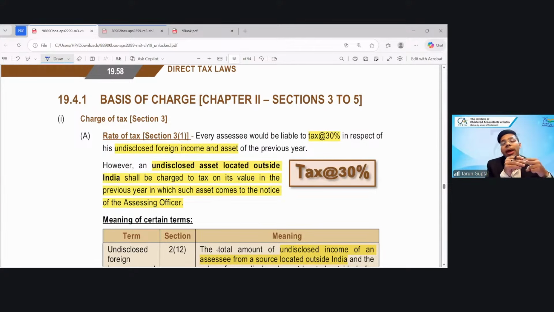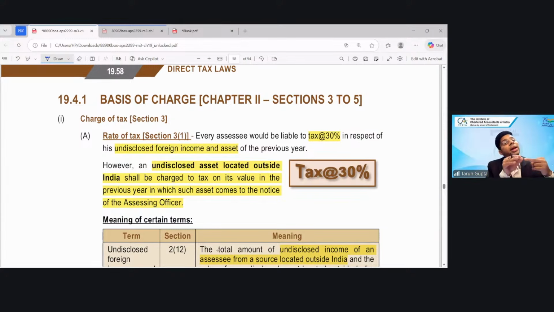Undisclosed foreign income means the income the assessee has earned outside India and has not reported in his Indian return of income or has not furnished an Indian return of income. And second is undisclosed foreign assets, means the assets outside India.